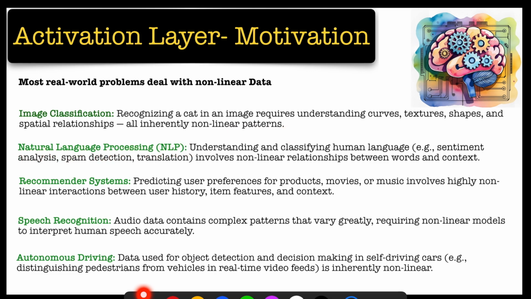In natural language processing, understanding and classifying human language, sentiment analysis, spam detection, translation, all involve non-linear relationships between words and context. In recommendation systems, predicting user preferences for products, movies, or music involves highly non-linear interactions between user history, item features, and context.